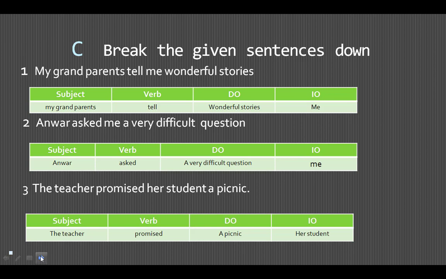Okay, our second sentence is: Anwar asked me a difficult question. Let's see. In this sentence, Anwar is the subject, asked is the verb, a difficult question is the direct object, and me is the indirect object.